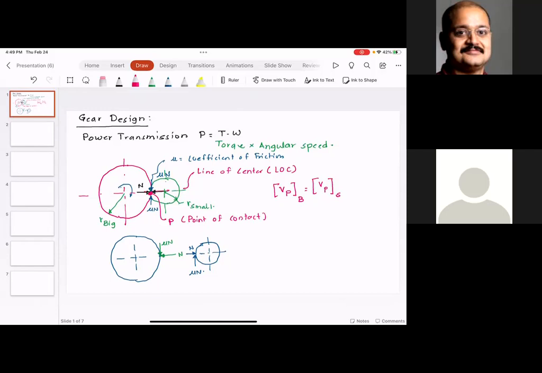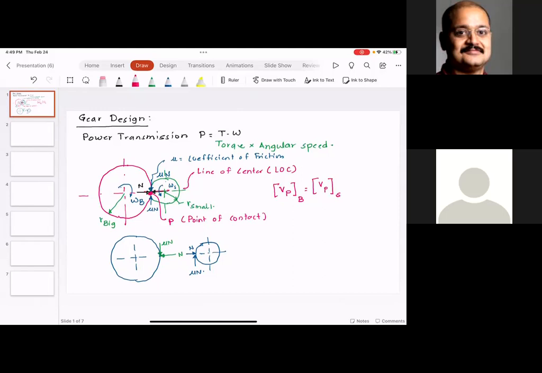So what does this give me? So if I have omega of big wheel and omega of small wheel, where omega big is the angular velocity of the big wheel, omega small is the angular velocity of the small wheel, can I write down equations like this?